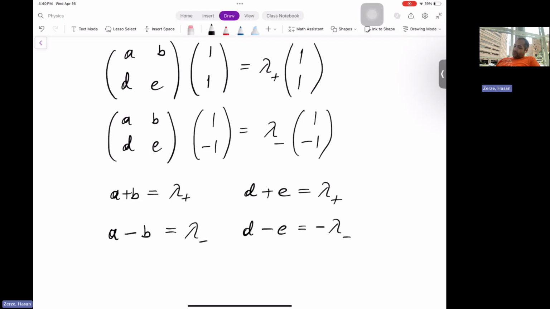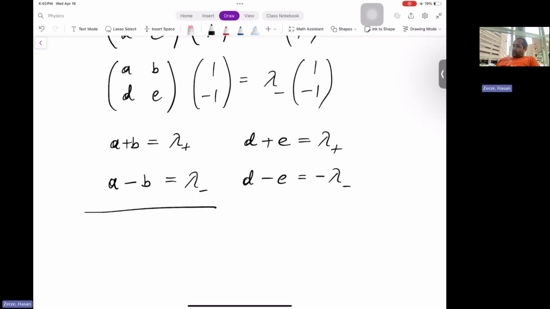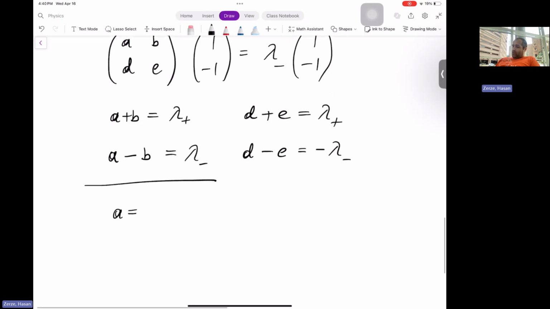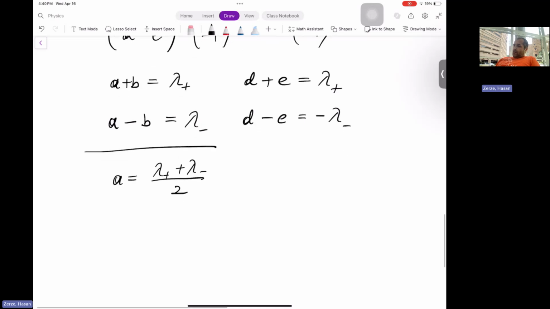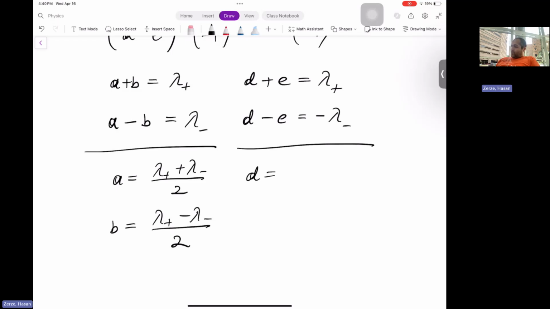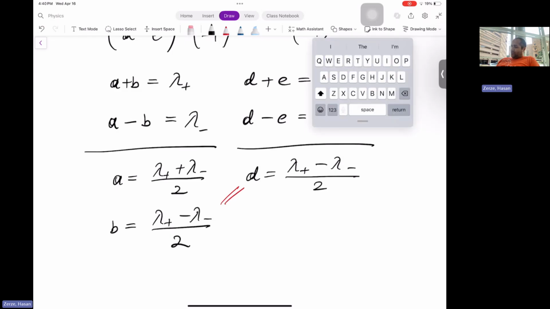From these equations, I get A to be equal to (lambda plus plus lambda minus) over 2. And I find B to be (lambda plus minus lambda minus) divided by 2. And then from these two equations, I find D equals (lambda plus minus lambda minus) divided by 2. So B and D are the same.